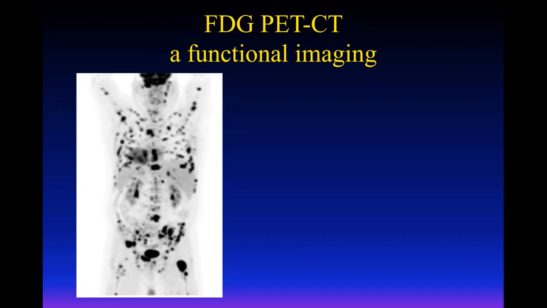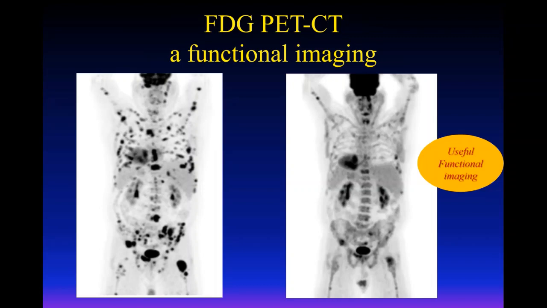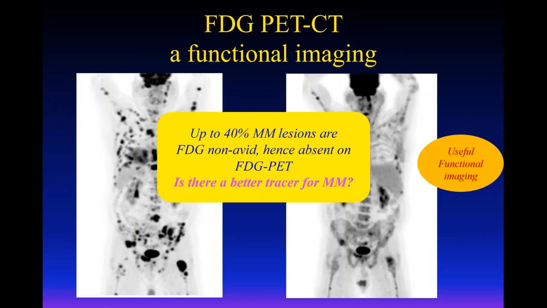When we pick up the FDG avidity in myeloma on this functional scan, it will go away upon treatment, so it's useful. However, you know that up to 40% of the myeloma lesions are actually FDG non-avid. So it will be absent on the FDG PET even if the patient has this disease. So the question is: is there a better tracer for myeloma for PET imaging?